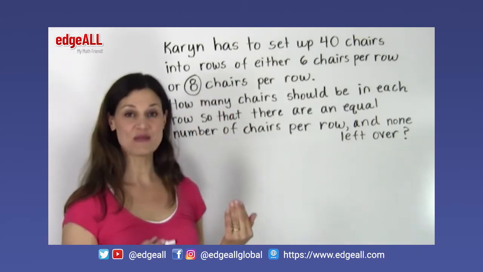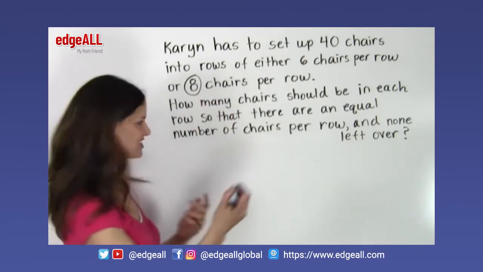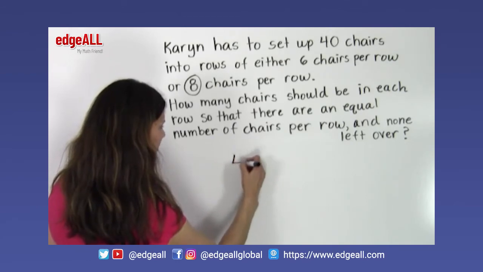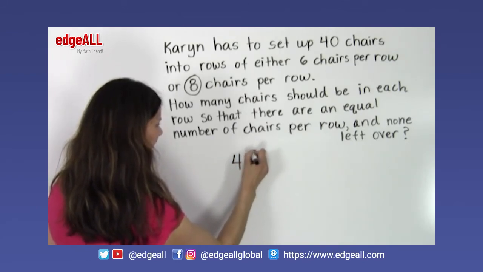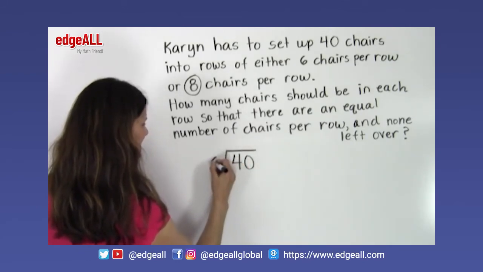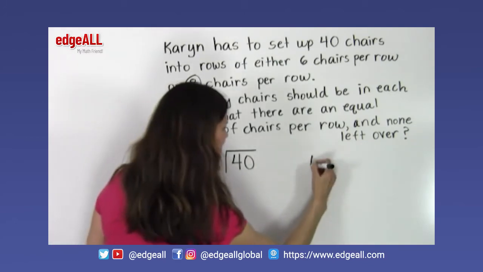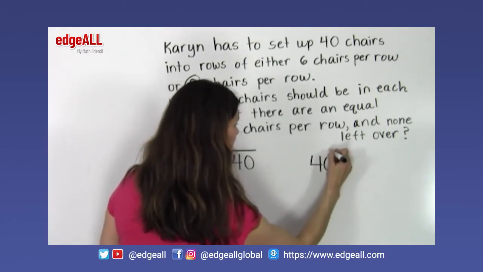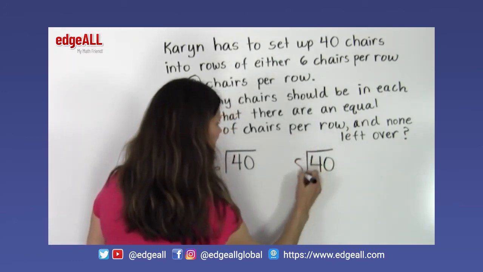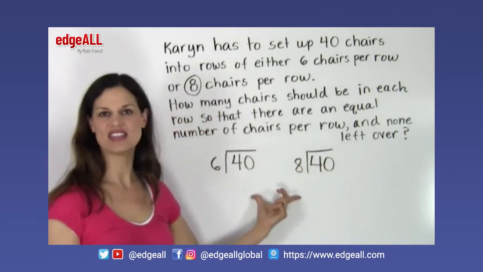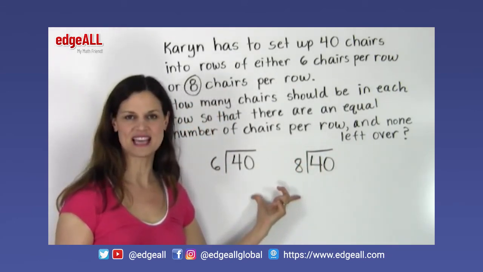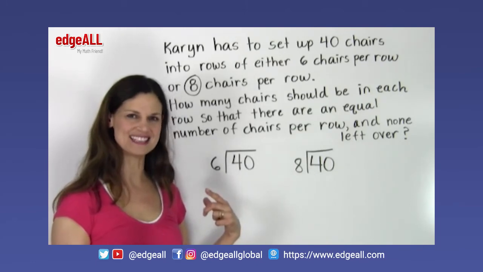So we could do the mathematical calculations of taking 40 and dividing 40 by 6, and then also dividing 40 by 8, and see which one of these division problems gives us a remainder and which one does not.